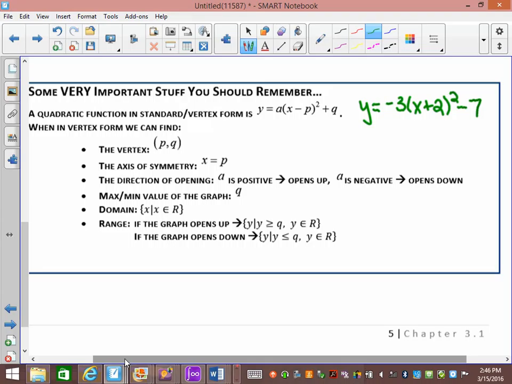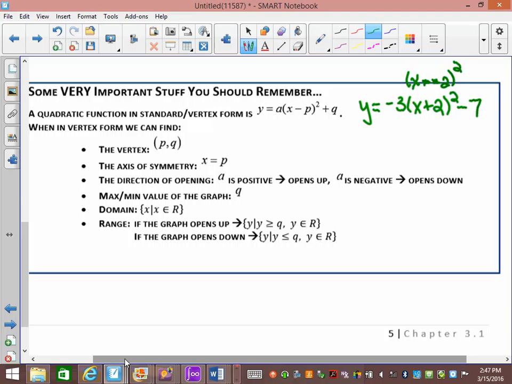For this example, p would actually not be 2. p would be negative 2. The reason is that vertex form has x minus p squared, correct? So in order to get plus 2, this would have had to be x minus negative 2 squared. That's the only way this would have worked.